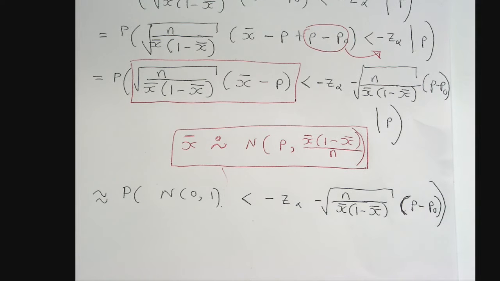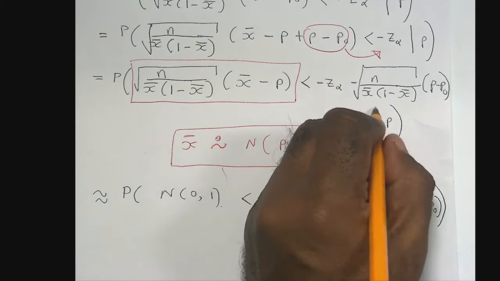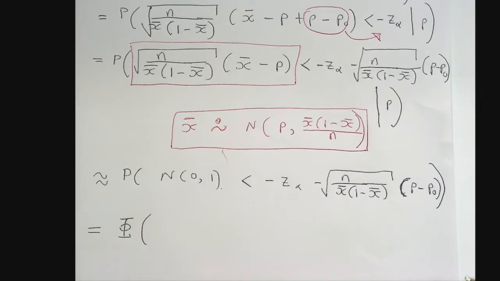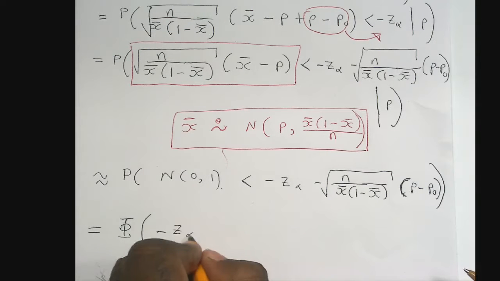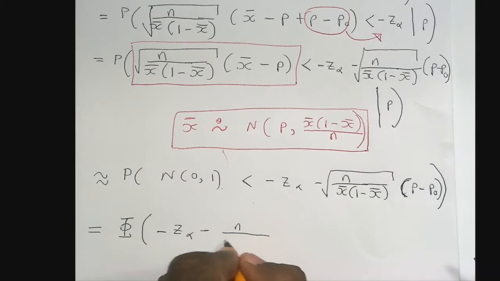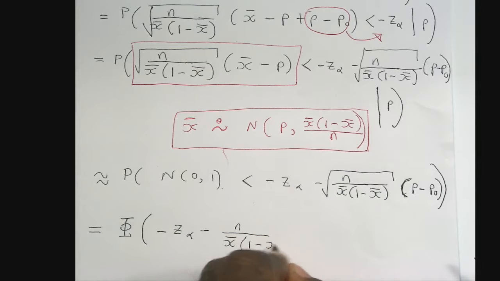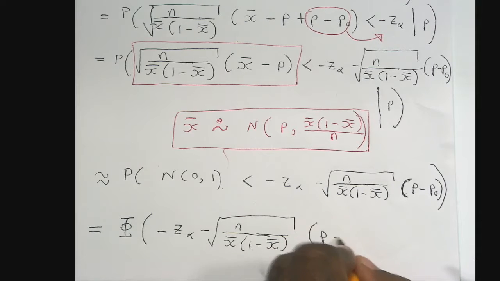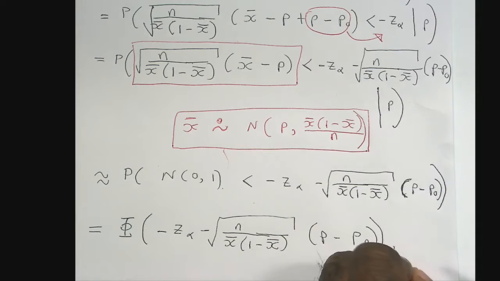Now remember, the conditioning on p has disappeared because the conditioning over here has been used to argue that this one has a standard normal distribution, right? Finally, this one will be phi at minus z alpha minus... all right. So that completes question 3.